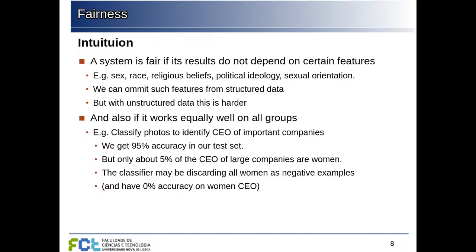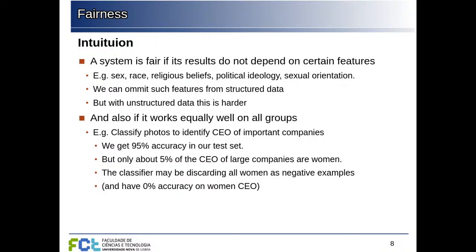There are only about 5% women among the CEOs of large companies. So if our model is simply rejecting all women as negative examples, it could still have a 95% accuracy overall because it gets right the majority of CEOs that are men. But specifically for women CEOs, it could end up having 0% accuracy.